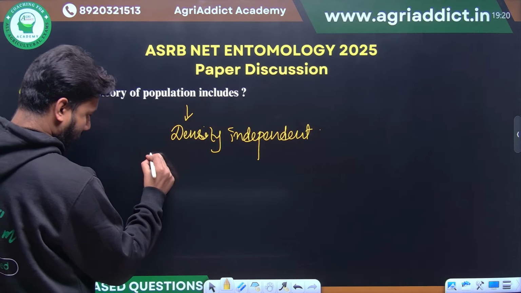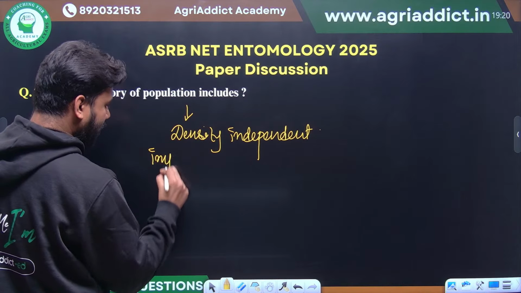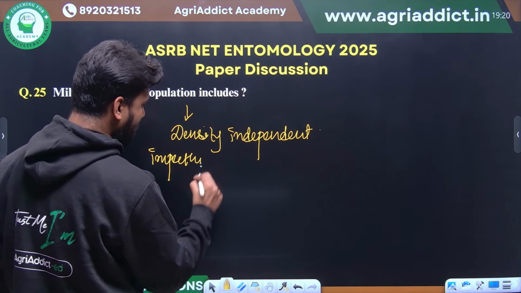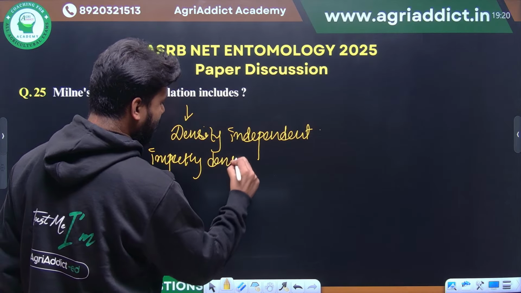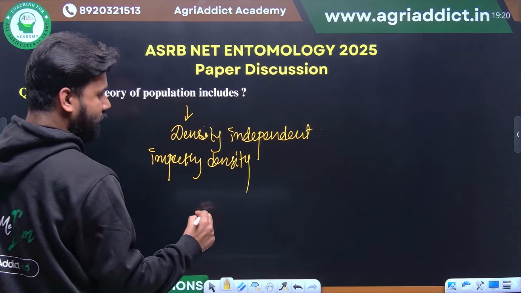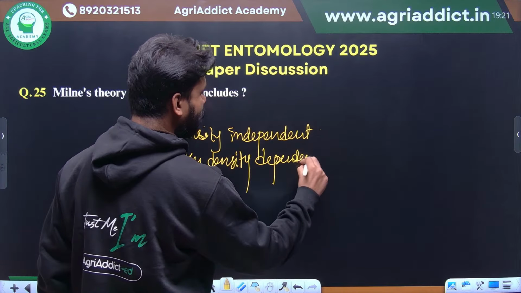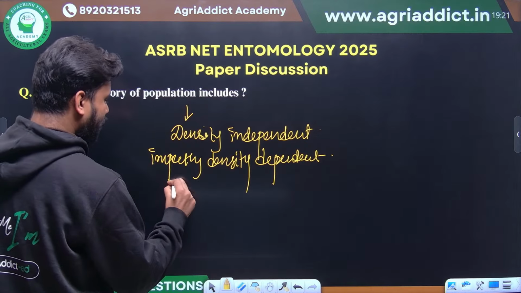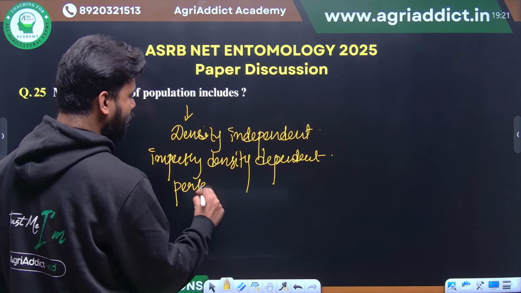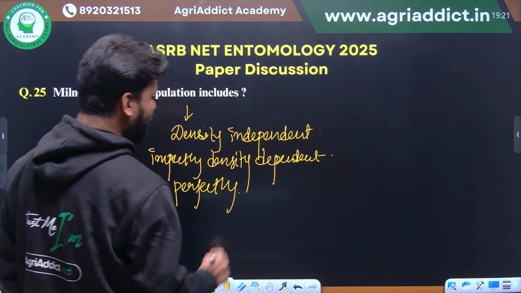Second one is imperfectly density dependent factor. Another one is perfectly density dependent factor. So the correct answer will be all.